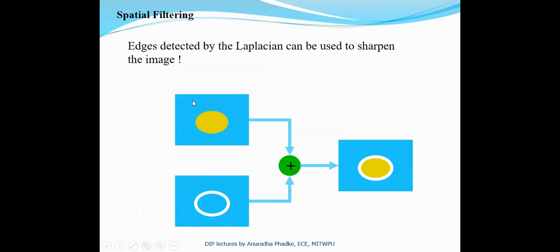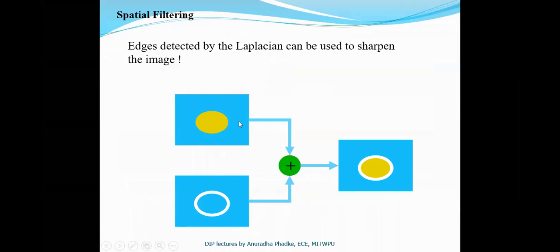So if we have this as the original image, and when we apply a sharpening filter or Laplacian mask on this image, we will get a result as shown here. Wherever there are transitions, those values are highlighted, and for those transitions we will get a high response value.